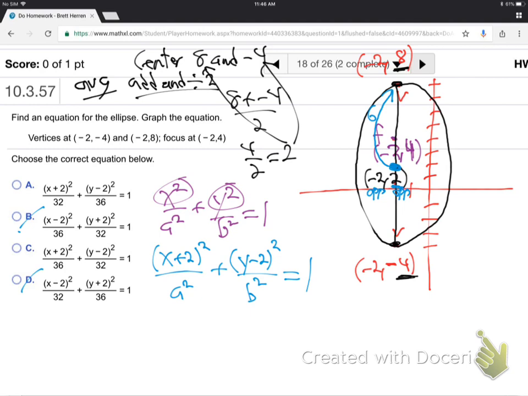From 2 to 8, that's 6. From the center to the edge. Now, is that 6 squared under x, or under y? How do you know? Because it's up and down. You with me on that? Anything up, down has got to be underneath y.